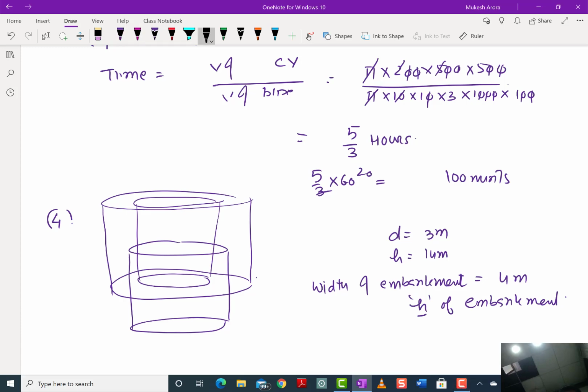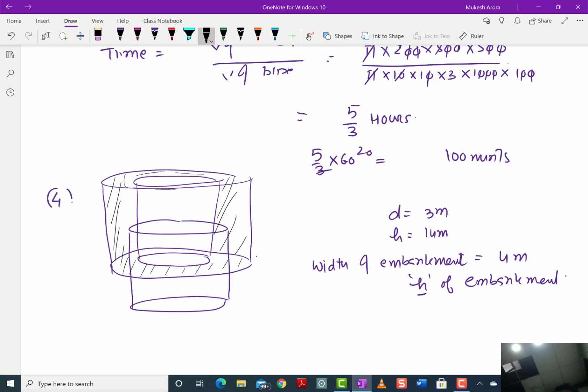First of all, we have to find the earth taken out, and this is the embankment. So first of all, volume of earth taken out. Volume of earth taken out is pi r square h, that is pi into 3 by 2 into 3 by 2 into 14, all in meter cube.